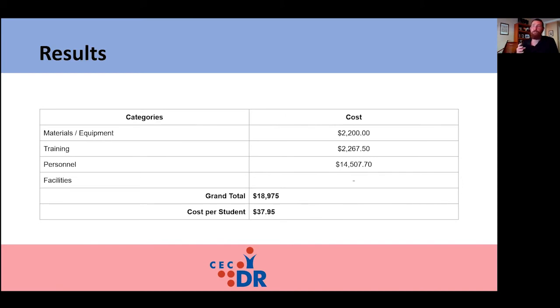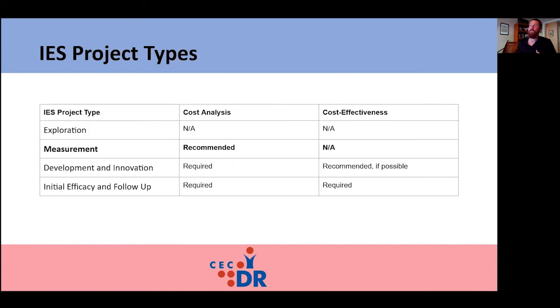So that's why using a cost analysis gets you a more robust estimate of actual costs. The grand total for this was just under $19,000 or $38 per student. So we just went over a measurement example. I'll turn it over to Tyler and he'll talk about development and innovation.